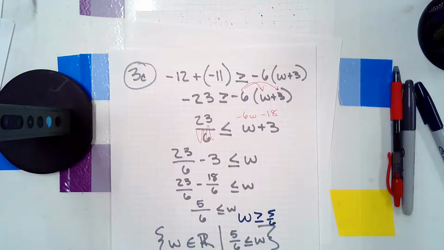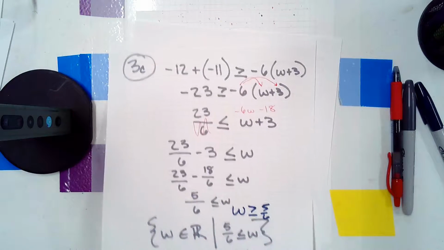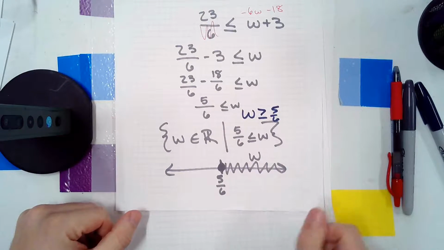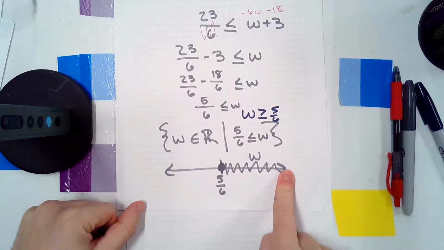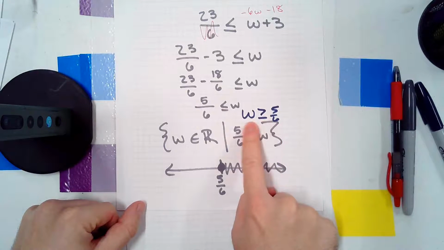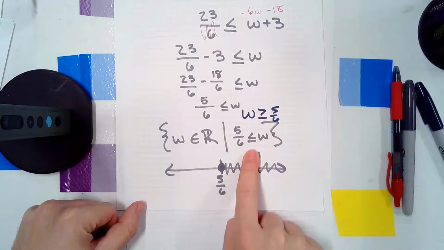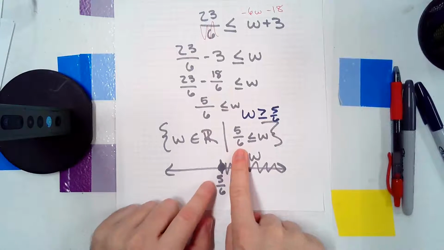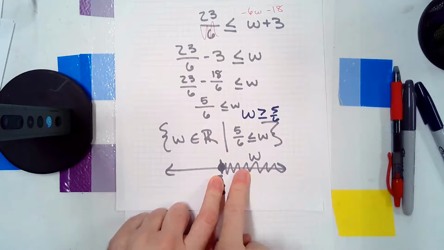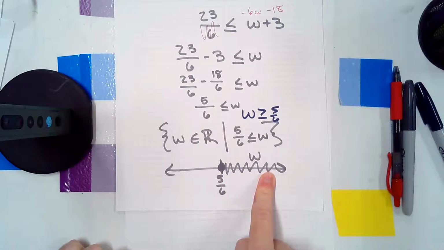For the graph, where did it go the other direction? W is greater than 5/6. Yeah, but where did it go in the other direction than the sign? If it was written like this, like the one down below. Yeah, that one. 5/6 is smaller than W. Here's 5/6. W is on the right because it's bigger. Nope.